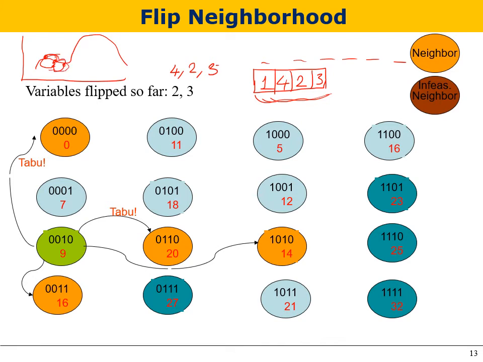So you will have a cycling with 2 steps. So there should be a balance for the length of the taboo list. If it is too short, you may end up with cycling. If it is too long, you may prevent all the feasible neighbors so that you cannot make a good search.